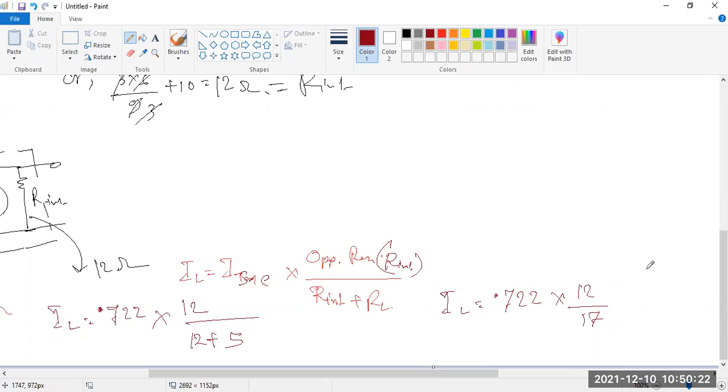So you can find the actual current. Just calculate on your own, then you can find it. So 12 by 17 will give you 0.70. So it will be 0.722 into 0.70. Just do it on your own, then you can perform it.